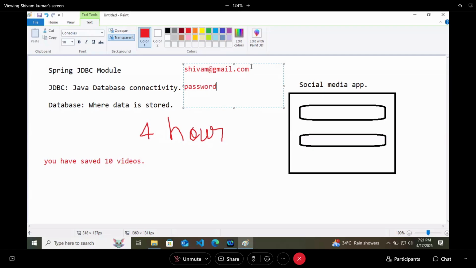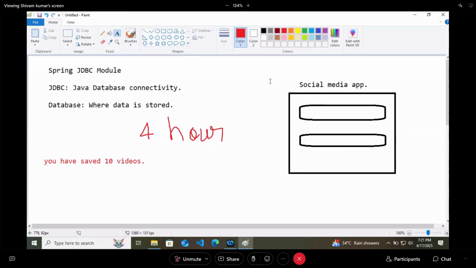I am expecting that this application should remember these two things, but it is not remembering. So again, we have to create a new account and do the same thing.